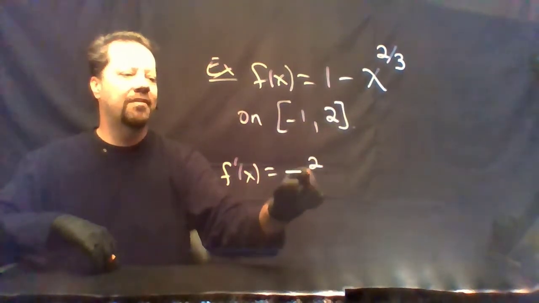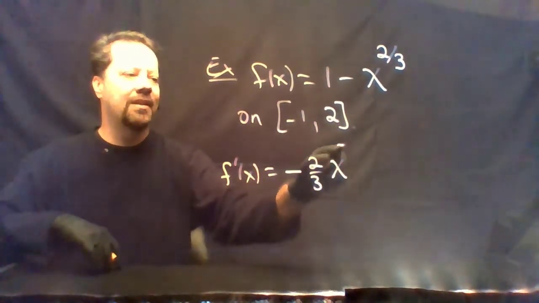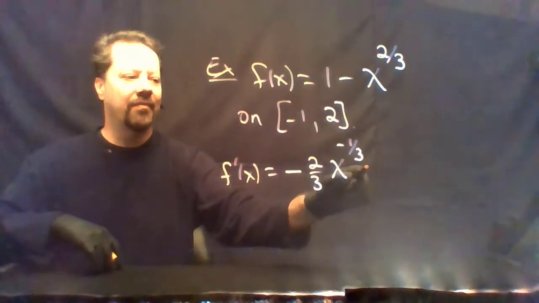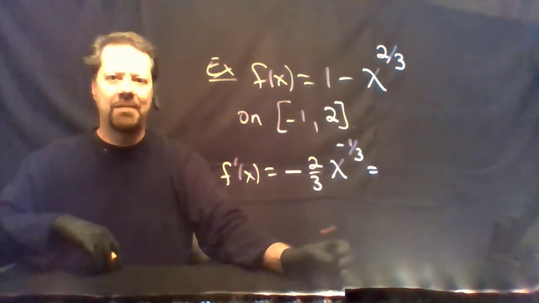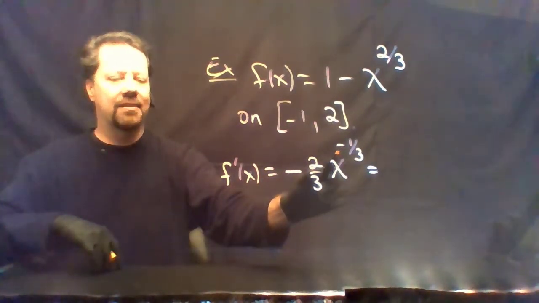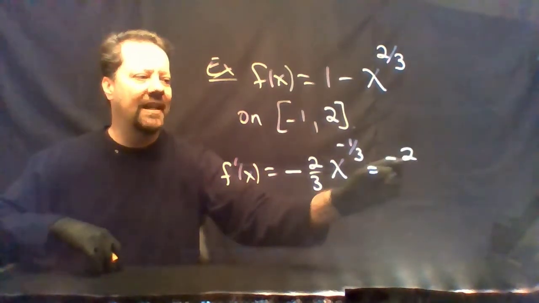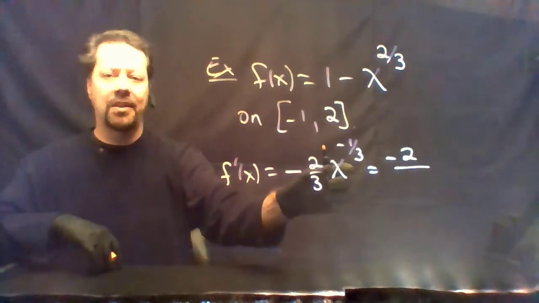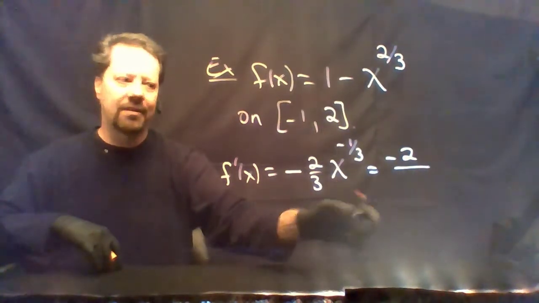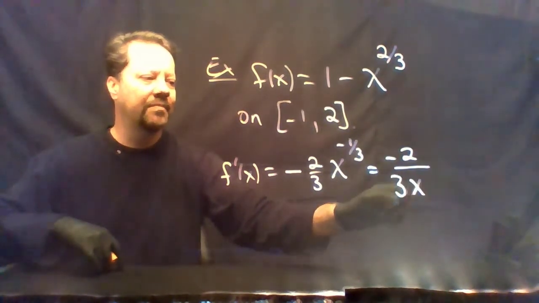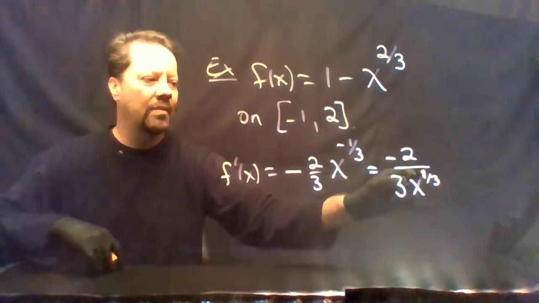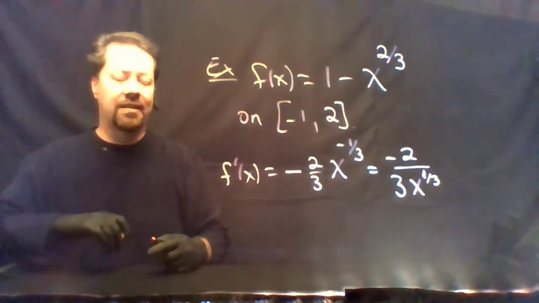We get -2/3 x to the -1/3. We need to be careful about this negative exponent. Let's express our answer with a positive exponent by taking this x to the -1/3 and shoving it across the division symbol. We'll have an x to positive 1/3 in the denominator now.